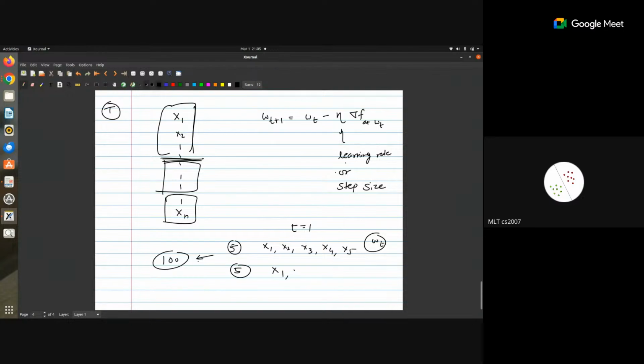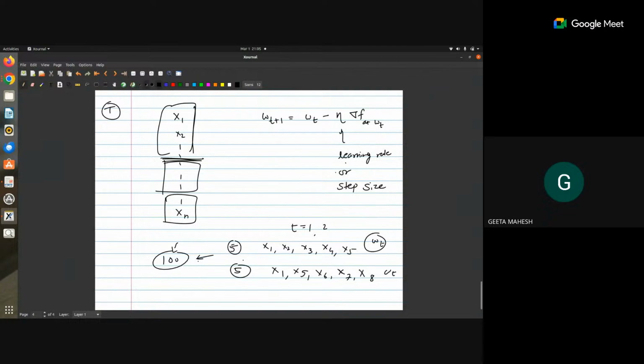They may be the same x1 to x5, or different, like x6. We can't choose the same, no sir, because it's randomly selected from 100. So say x1, x5, x6, x7, x8, and you find out its w_t, right? This is my second step.